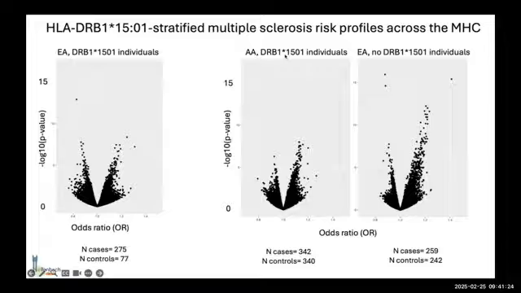And so we can see here in both populations for the group of individuals without the 1501 allele the same signal that I was showing you. And then here we have the European American individuals with 1501 still. You can see the case control values are smaller now because we have subset the population.